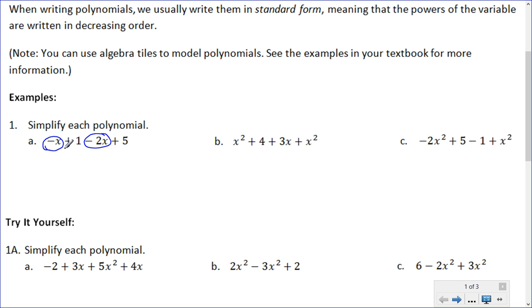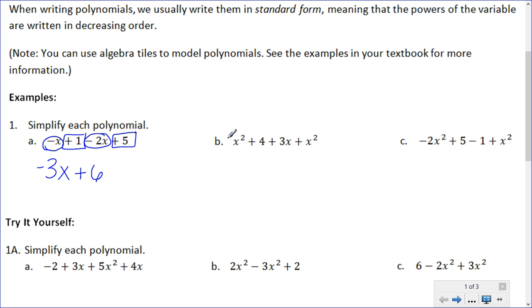And remember, when we combine like terms, we keep the variable and whatever exponent it has the same. We're just adding the coefficients. So this is a negative 1 and a negative 2. When I add those, I get negative 3x. And then I have some numbers that are also like terms, a plus 1 and a plus 5. And of course, when we add those, that's plus 6.